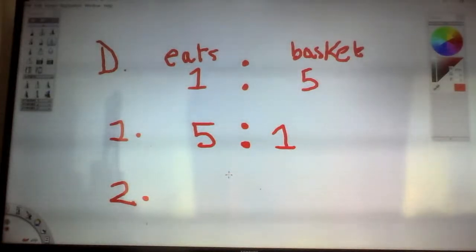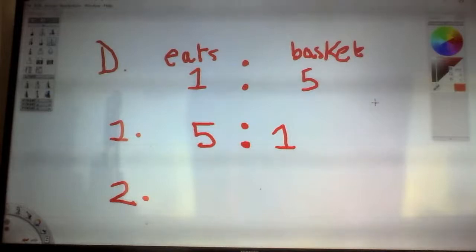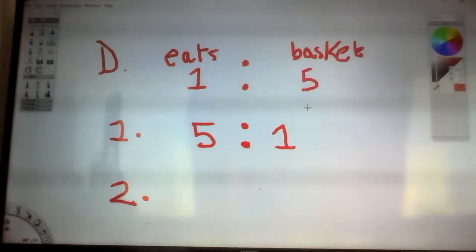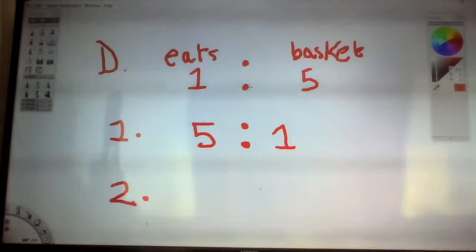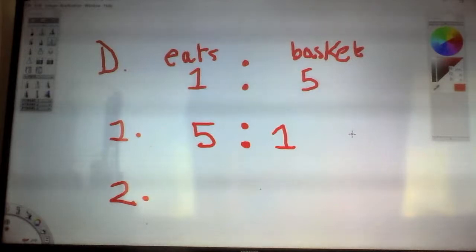So the strawberries picked is all of them, isn't it? Imagine you only did 1 round of this eating and putting in a basket. How many is the strawberries picked? Remember I said earlier, what you do with the ratio ones, you add them up. You can either add up these 2 or these 2. So the 6 comes in handy somewhere.